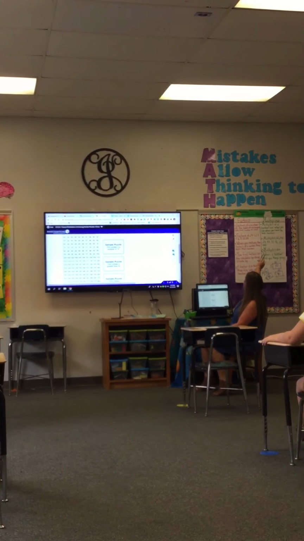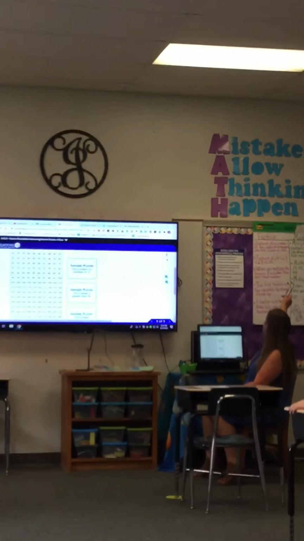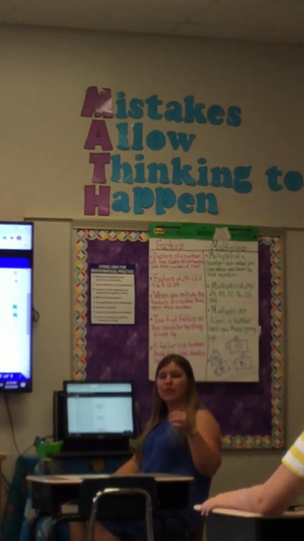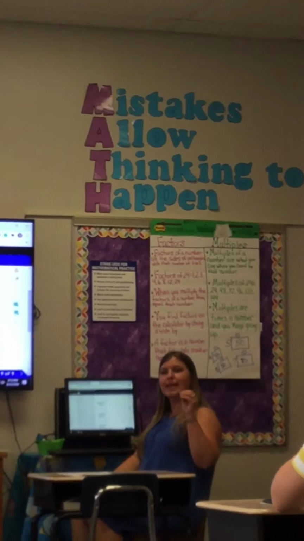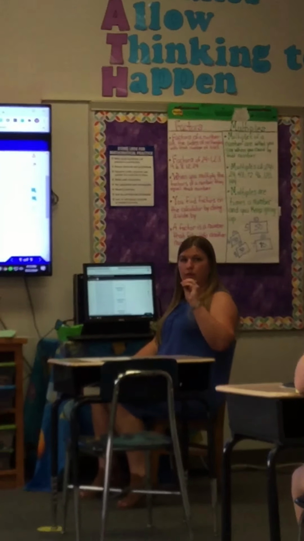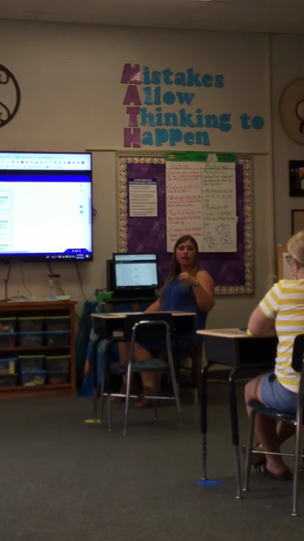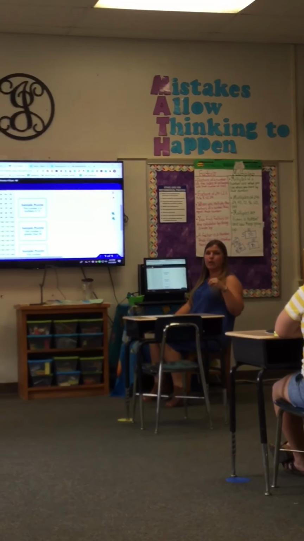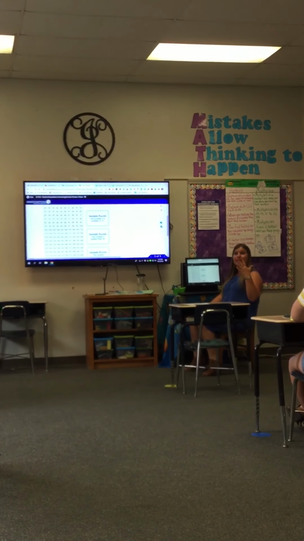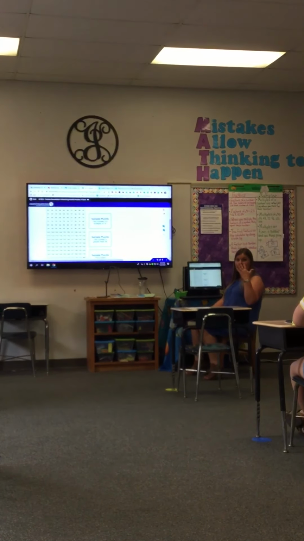Multiples of a number are what you say when you count by that number. That's my favorite rule. A multiple. If I'm saying 2, I count by 2s. If I say 3, I'm counting by what? 3. If I say 4, I'm counting by what? 4. When I say 5, I'm counting by what? 5. So if I say multiple, it's the number, whatever number it is, that you're counting by.